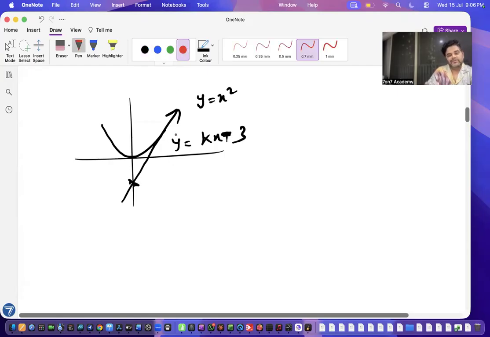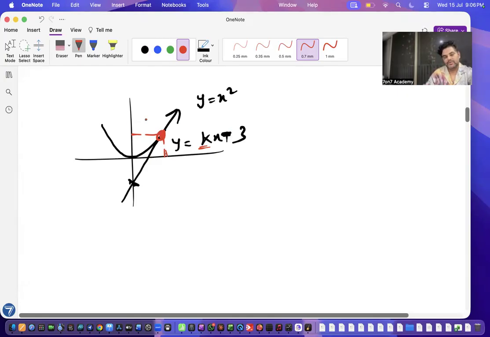What is the k value such that it touches, and what is the touching point? Did you understand the question? There is a line equation with the positive gradient k and intercept minus 3. It touches at this point. What is the constraint, what are the conditions on k? What k should be such that it touches? And if it touches, what is the exact value, the coordinate of this intersection?